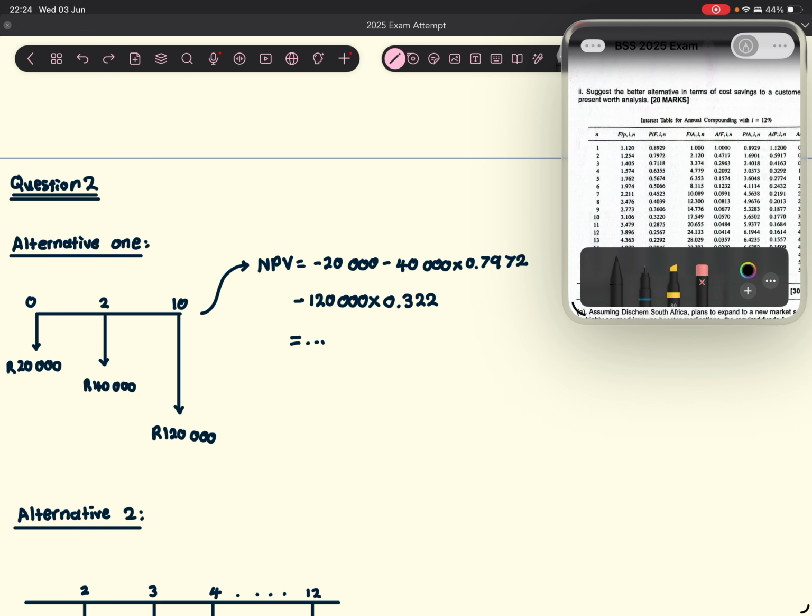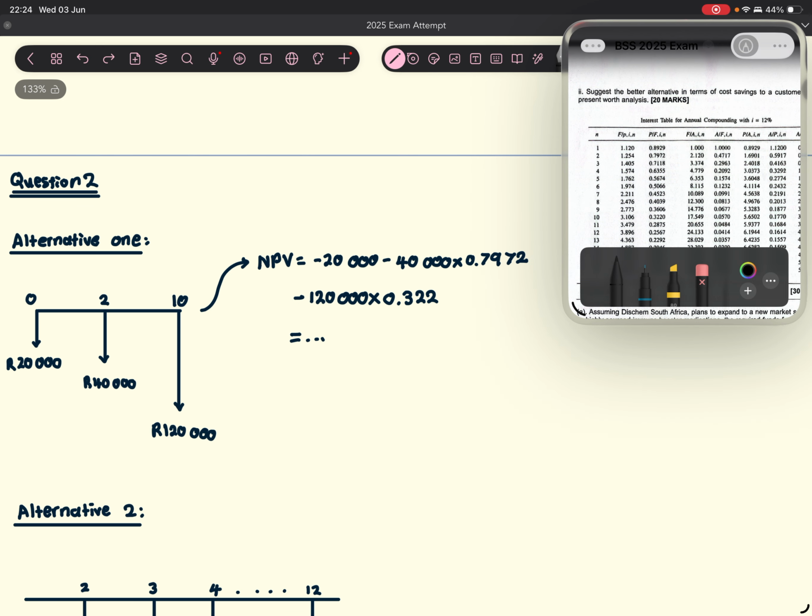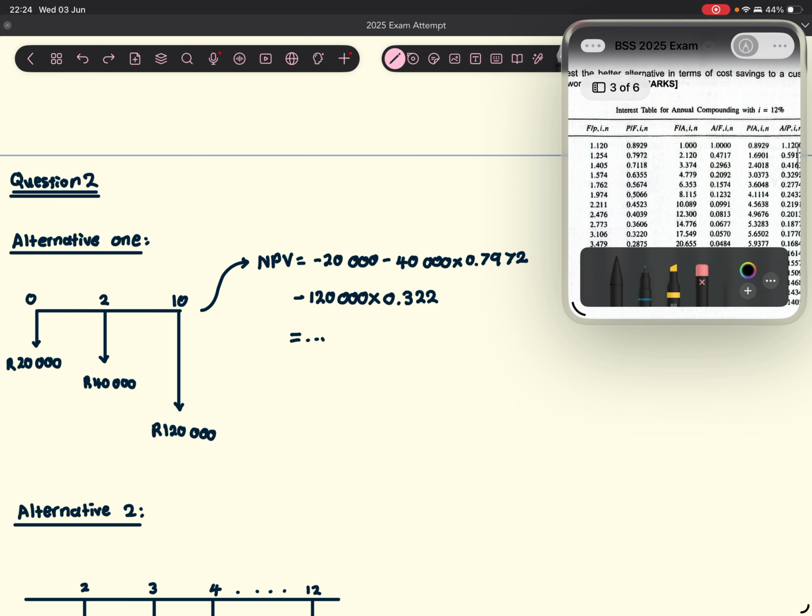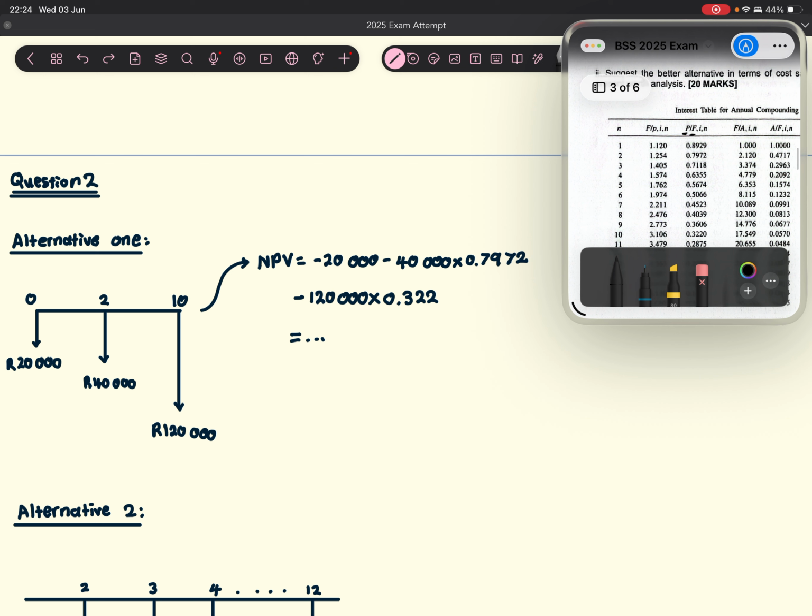Again, as I understand it, might be wrong. So we need to find the present value, and we're given the future value. So this is present given future value, and then our n is 2 because we are discounting at 2. So 2, and that's our factor.